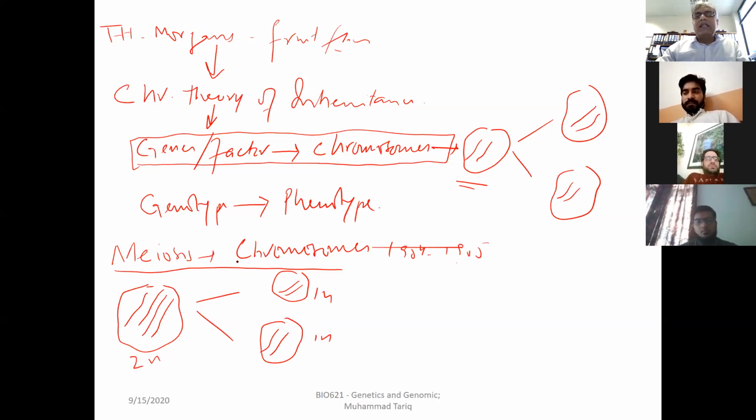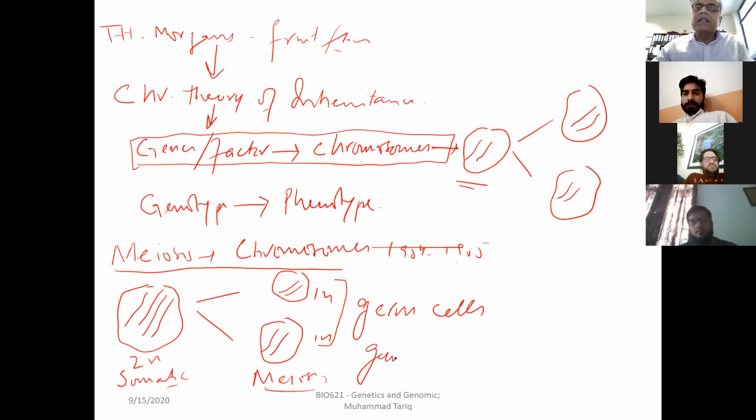What they discovered is that these are specialized cells which we refer to today as germ cells, and these are somatic cells. And a specialized cell division, which is called meiosis, leads to the formation of gametes, and these gametes from the male end and the female end restore the diploid status of an organism.